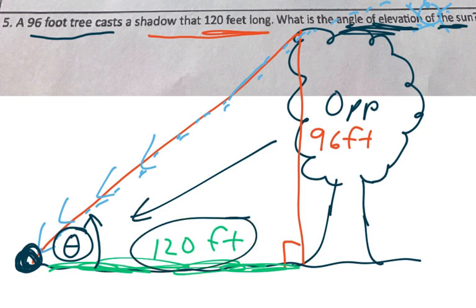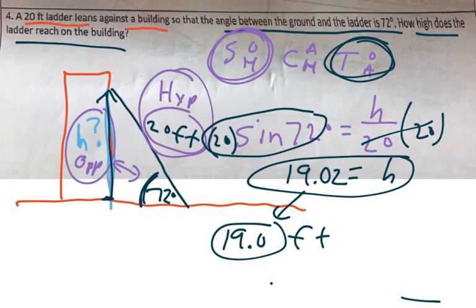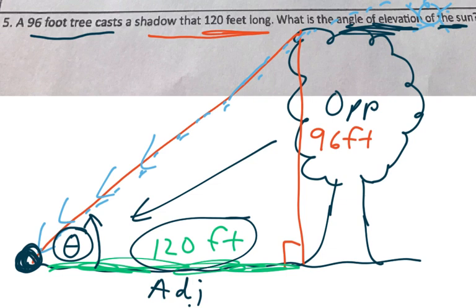and this 120 is adjacent to my angle. So what uses opposite and adjacent? What uses opposite and adjacent? TOA, right? So tangent. So I now know I'm going to do the tangent of theta equal to opposite over the adjacent.